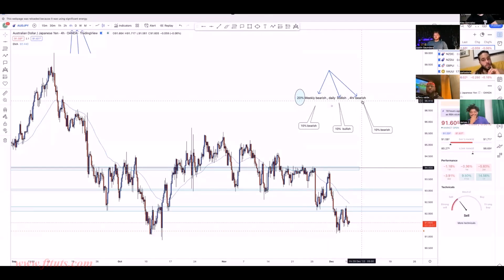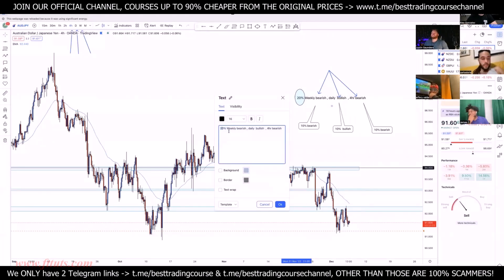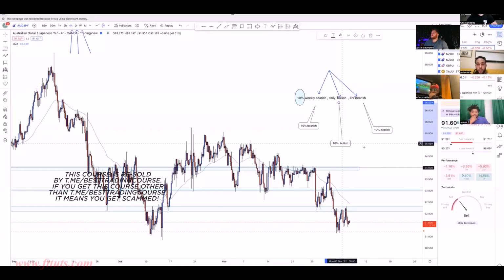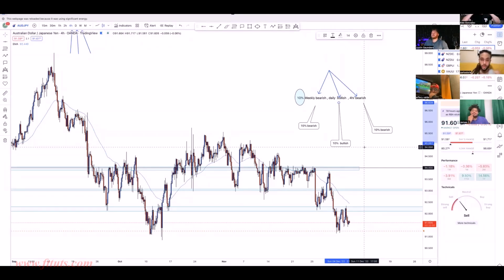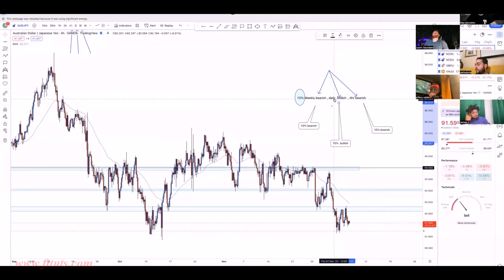The ideal thing would be to sell. And if you're looking to buy, you only have about 10% towards your grade because this is the only time frame bullish. So this is where you sit down and ask yourself, should I buy or should I sell? The most logical thing is to sell, I'd assume, because you have more time frames in sync. So this is the first foundation of your trading plan.